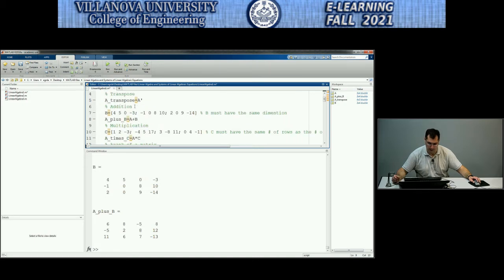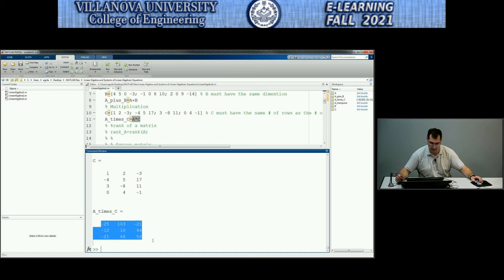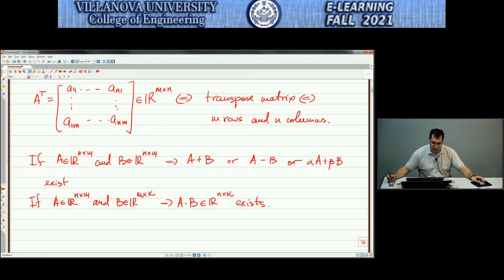In that case, you can do the multiplication of both matrices. So A times C is going to produce this matrix. Okay, now let me switch back and talk about the rank.